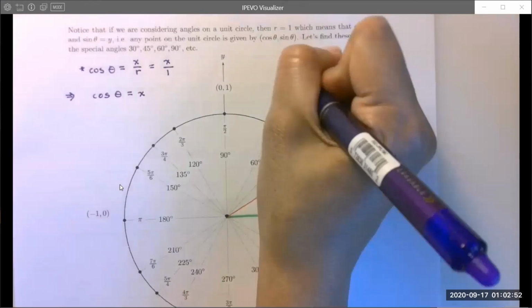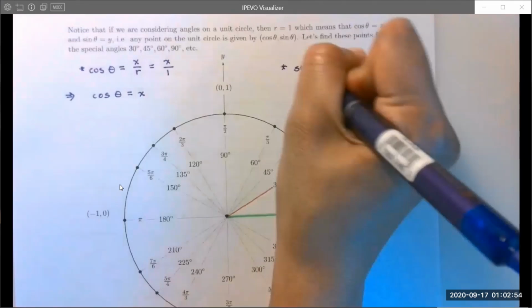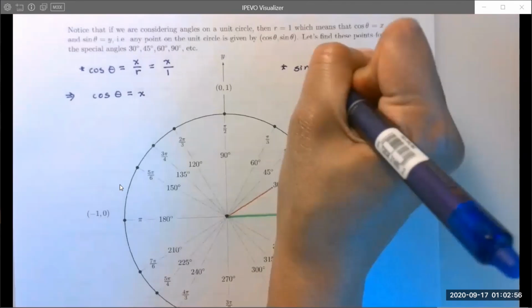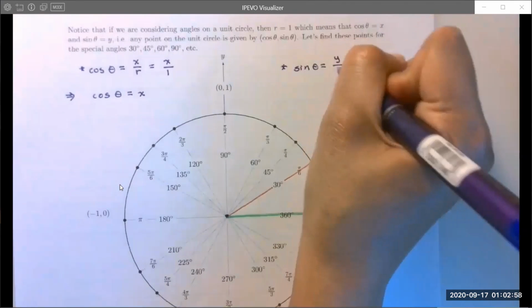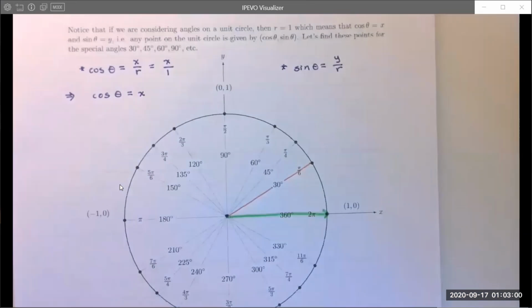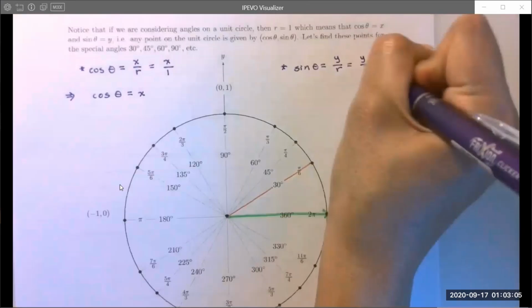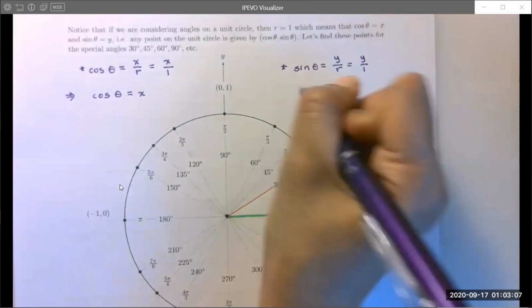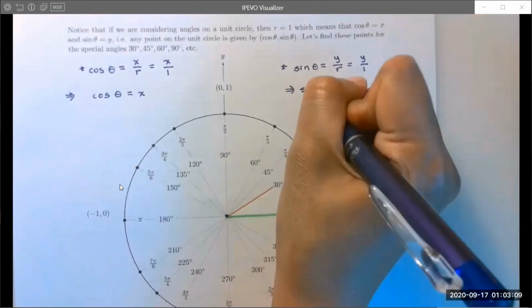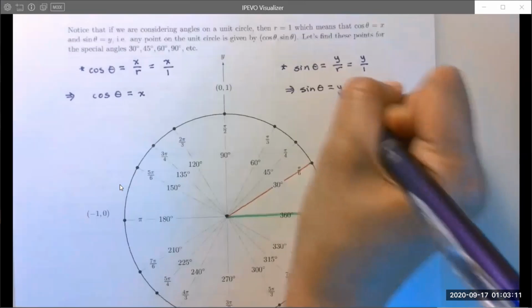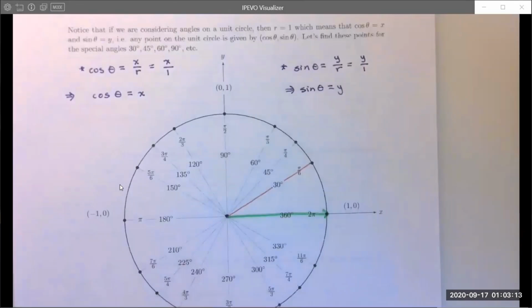Similarly for sine, if we take a look at sine of theta, by the definition that we just saw, it's y over r, but now the radius is 1, so that means that we get y over 1. Or in other words, sine of theta is always the y coordinate of that point.